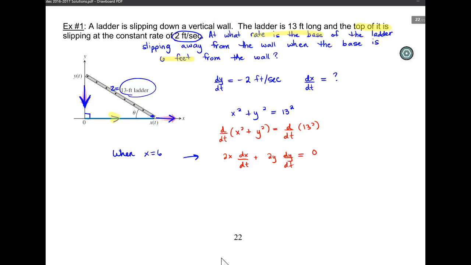Well, if x is 6, remember, if z is 13, we can figure out y. So we have 6 squared plus y squared equals 13 squared.